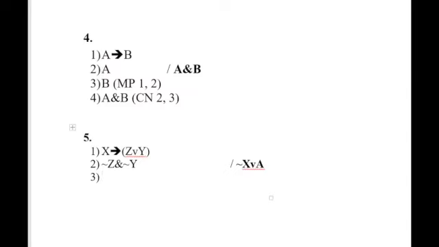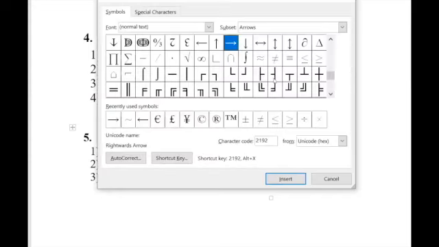So now I've got to do the technical thing for you for Microsoft Word. How do you get these little symbols? If you don't know already, you just go to Insert. Since I've already been using them, it shows you the ones that you've used a lot. It'll give you a whole bunch of symbols.